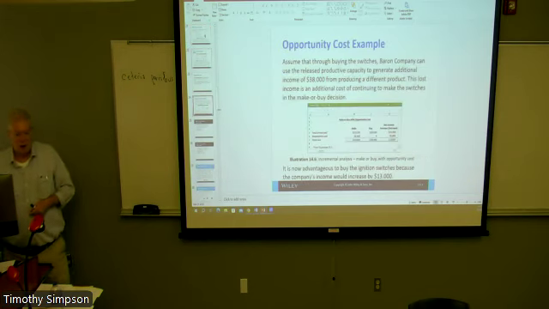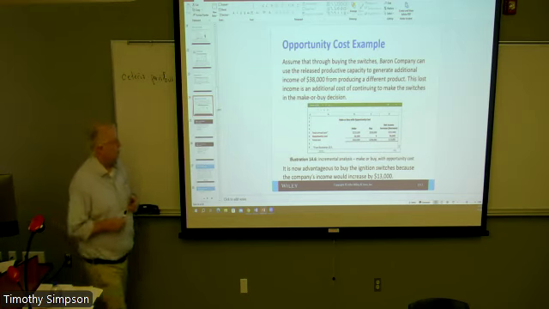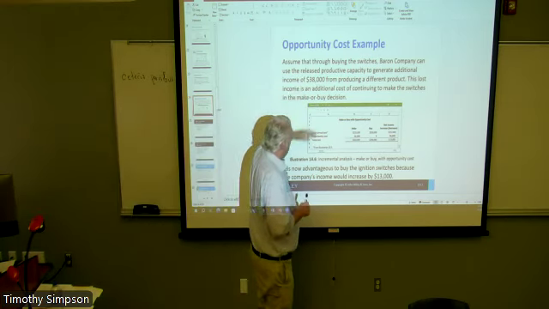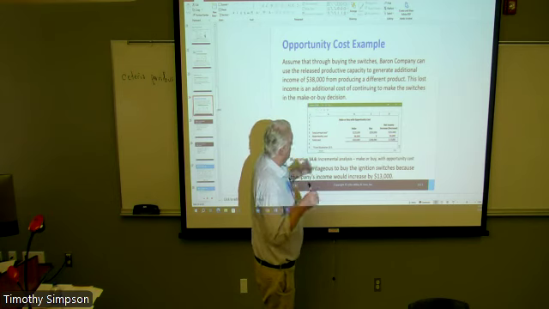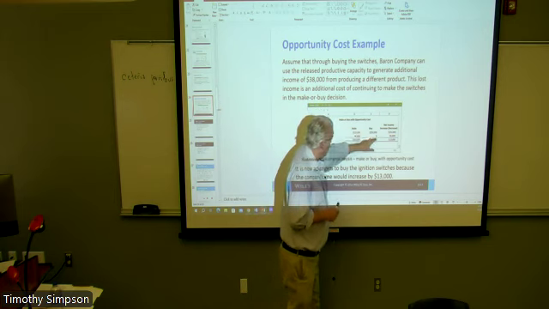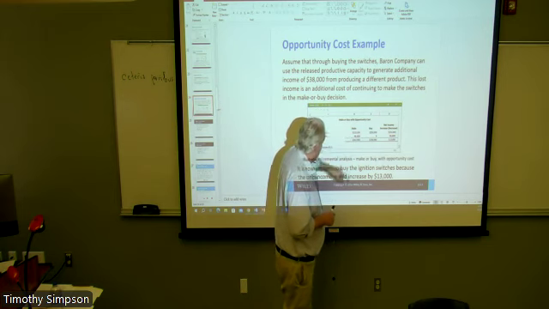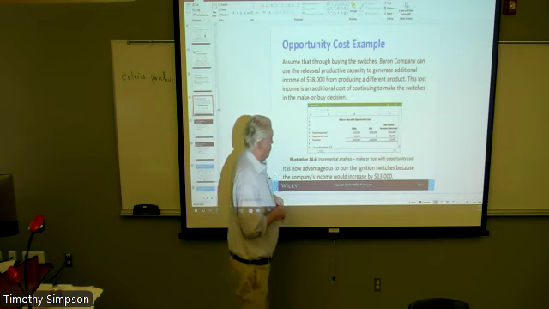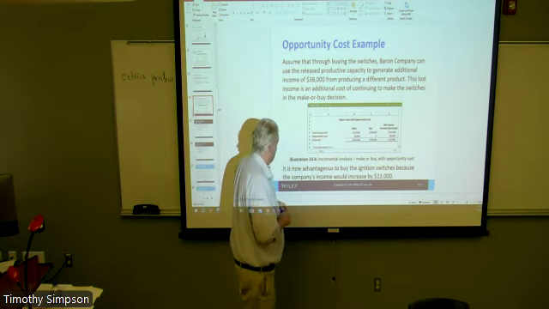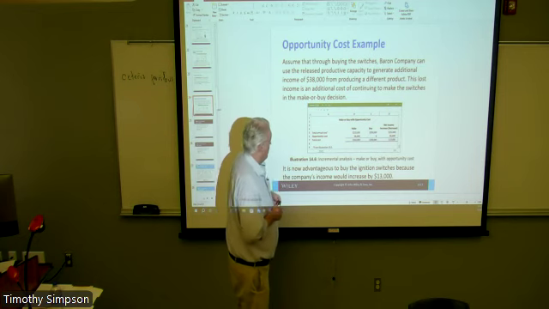If we decided to buy the switches, we could free up manufacturing capacity to produce an additional income of 38,000 from doing something else. And so this changes the equation. Now the opportunity cost of not buying is an element of the decision to make the product. And so as a result, now we should probably make the product.